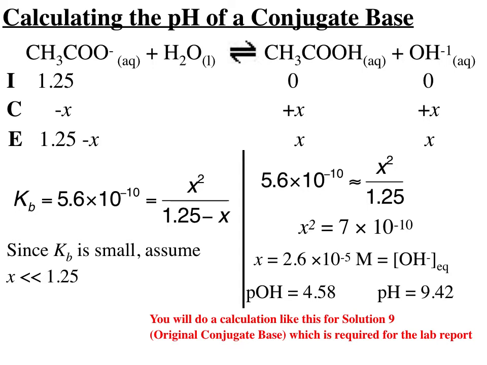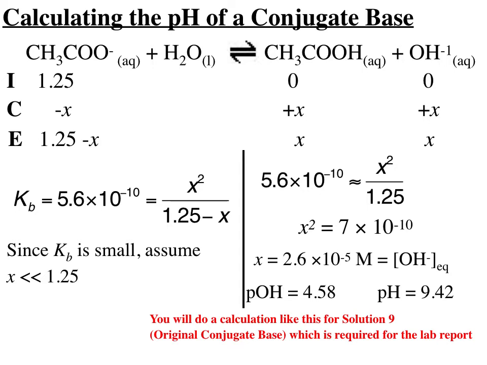Now, before I go on, let's verify the validity of our assumption. The x I found was 0.000026, and I ignored it in the denominator by claiming x was way less than 1.25.